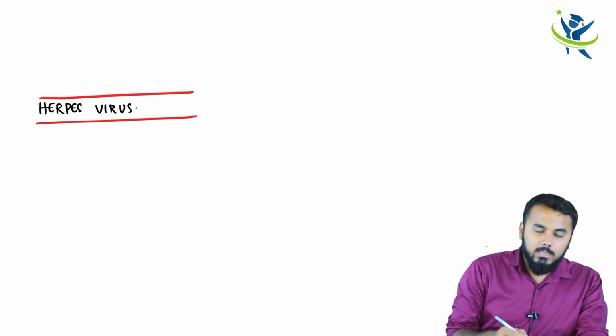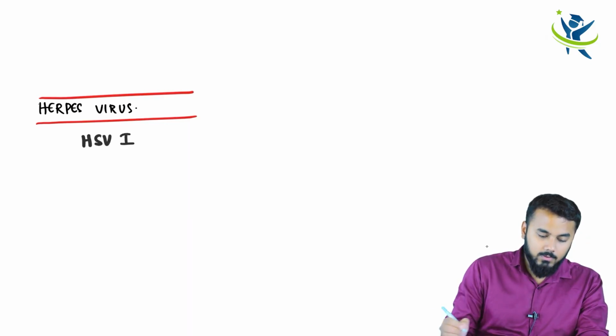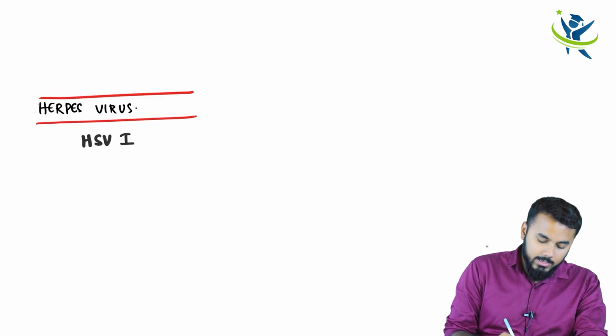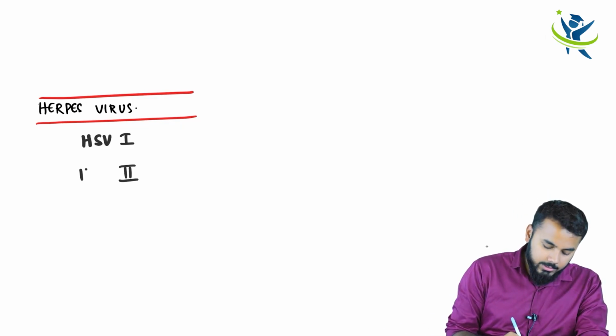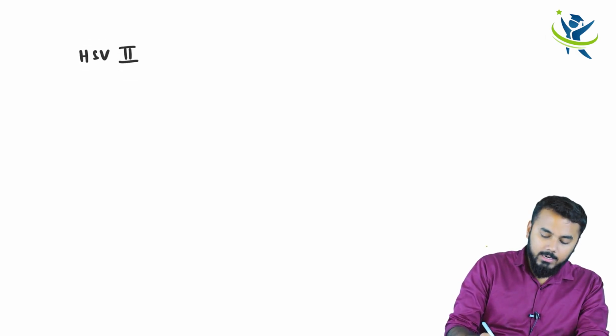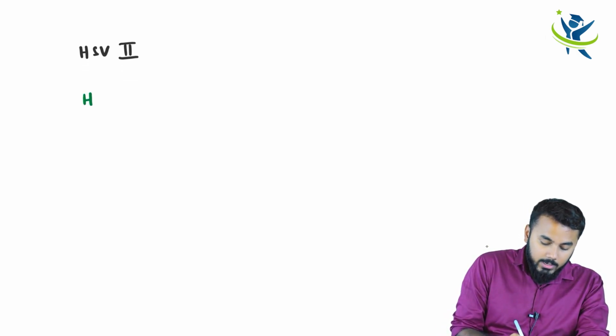So let us say we have got herpes simplex virus 1, HSV1. We also have got herpes simplex virus 2, HSV2. Apart from that, we have got another group of herpes viruses. For example, we have got human herpes virus 3.